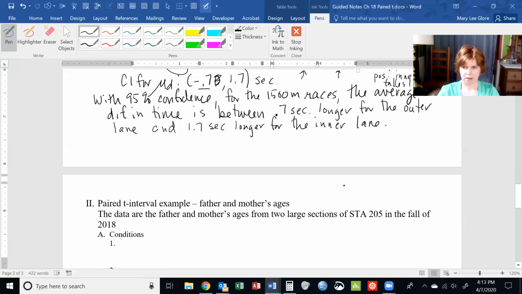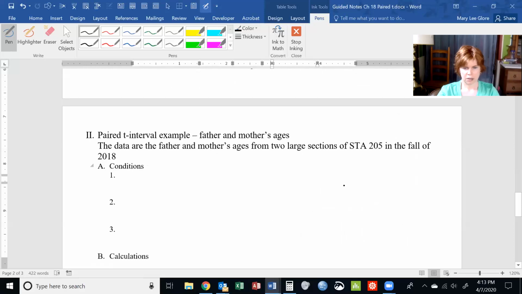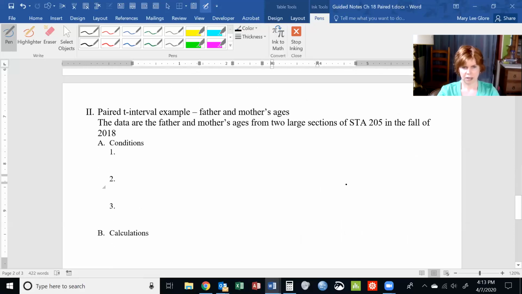All right. Okay, we're going to do one more example. And this one, we're just going to do the interval from scratch. So many moons ago, I collected data from 2 huge classes of Stat 205 students, and I asked all of them what's their father's age and what's their mother's age. So these are Stat 205 students' parents' ages.